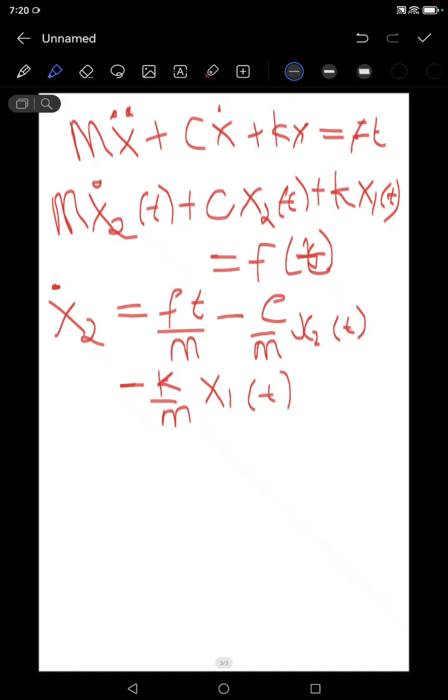Okay, and then after that we're going to write our equation in a matrix form. Remember, on the other side we said x1 dot of t equals x2 of t. Let me just go back.